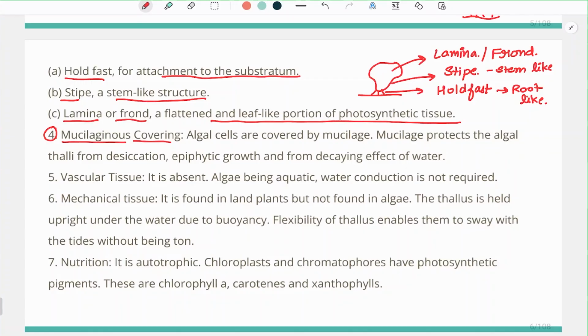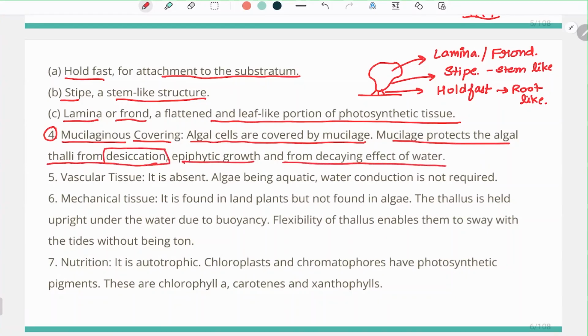A mucilage covering is present not only in algal plants but also in other plants as well. We say that the mucilage covering is present only so that water loss is prevented. So, mucilaginous covering: algal cells are covered by mucilage. Mucilage protects the algal thalli from desiccation, epiphytic growth, and from the decaying effect of water.